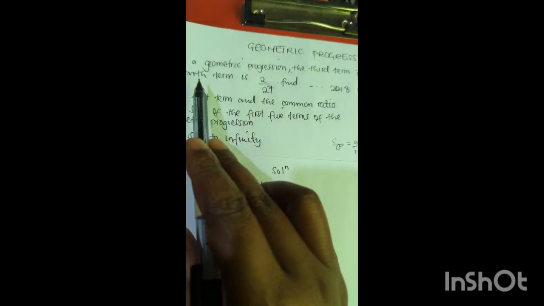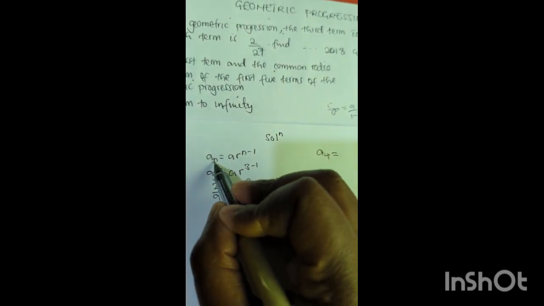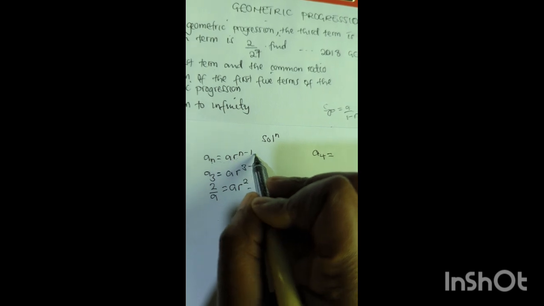Then equation 2 comes from the fourth term, which is 2 over 27. Again, the general formula is an = ar^(n-1).